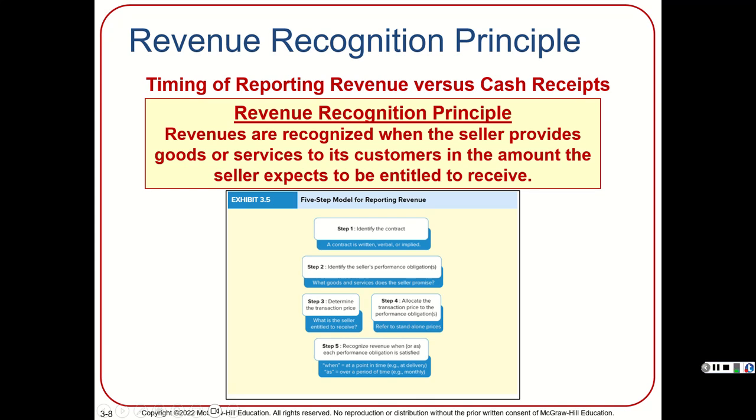But the thing you want to remember when it comes to revenue is that the seller should report the revenue at the time that it is earned. So if the cash is received in April, but the services are not performed until May, you accrue the cash in a liability account. Okay, you have cash, you can't just let it sit there in your books without recognizing the transaction.